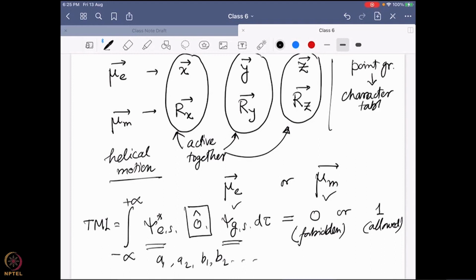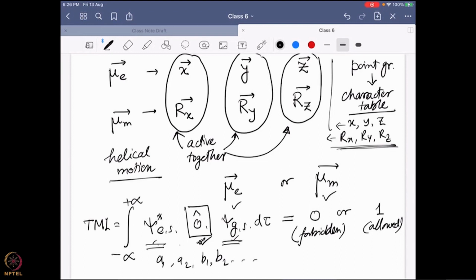In this character table, it is defined where X, Y, Z, Rx, Ry, Rz, etc. fall, so you know exactly what their particular symmetry notion is. Find out that symmetry notion, say A1, A2, B1, B2, whatever, and put it over here. So now, instead of putting all these three terms, you can put all of them as a combination of different symmetry representations.